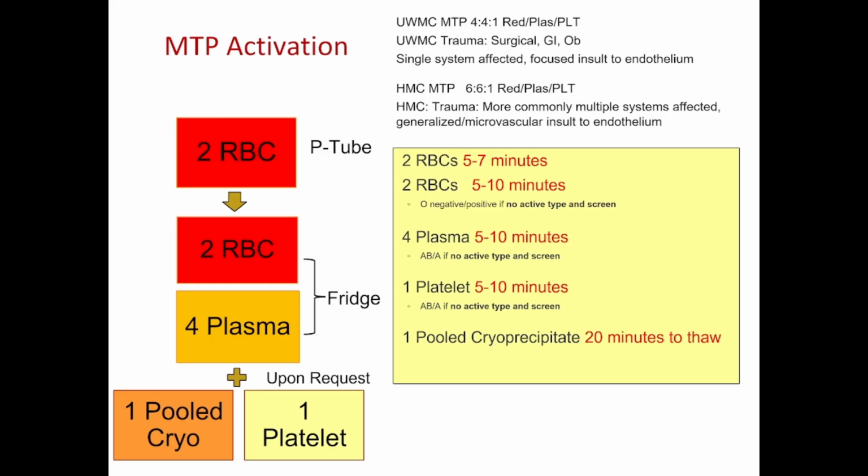Here's a flowchart on the left side that says we initially will send you 1 red cell in the tube, then we will send 2 red cells and 4 plasma in the fridge, and 1 platelet and 1 cryo are upon request. We can get you the first 2 red cells in 5 to 7 minutes.